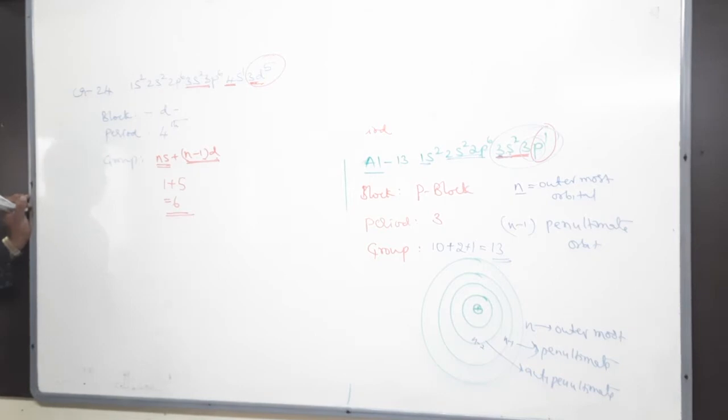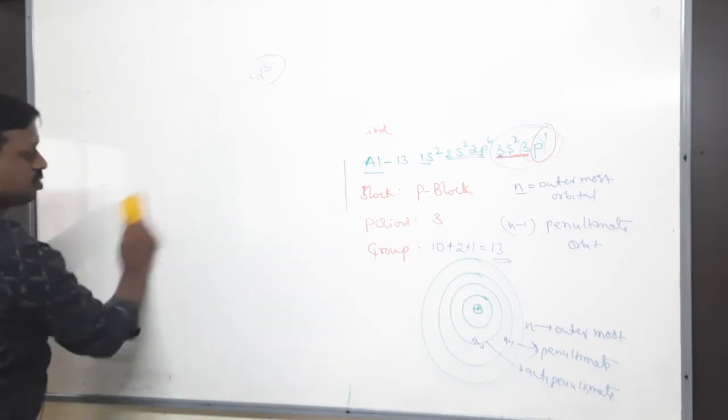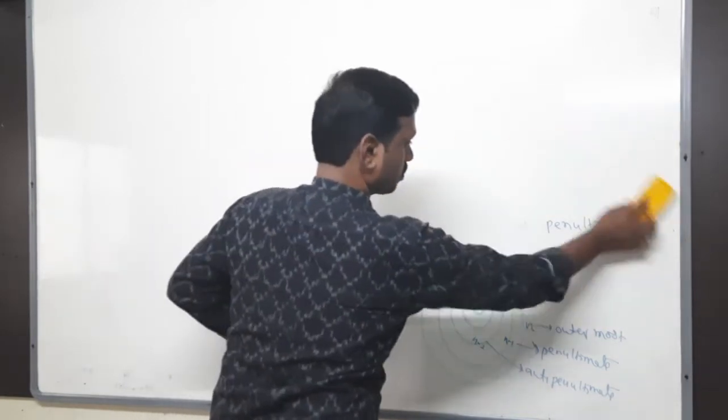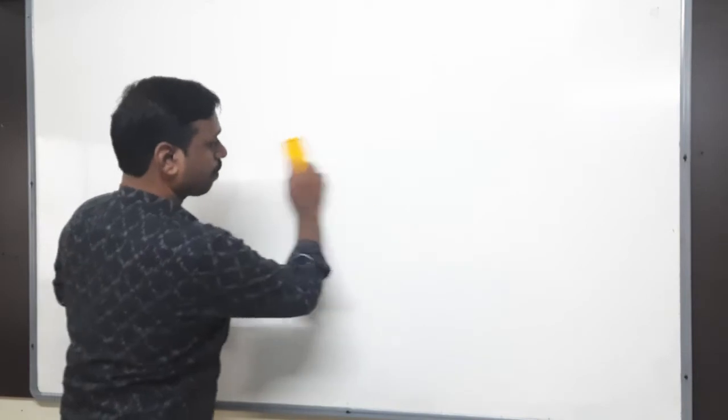Okay. This is one way. Next is, we can even remember the whole 118 elements in the periodic table. How? You can write, or you can take the periodic table. Okay. And tell me, modern periodic table has how many groups? 18 groups.